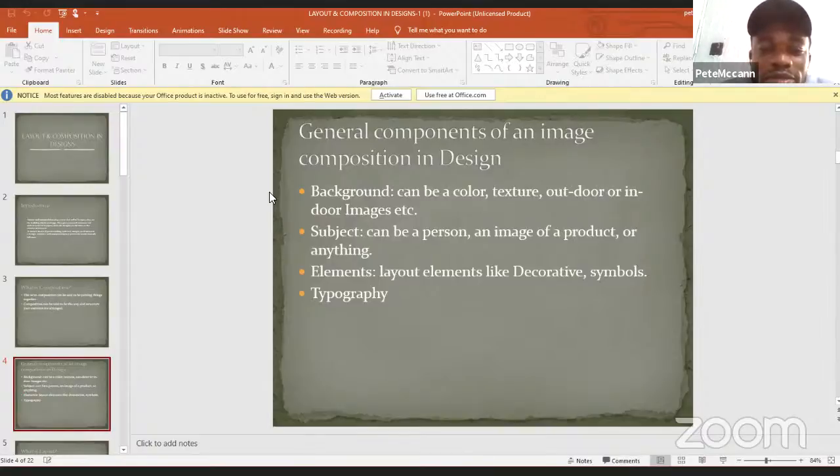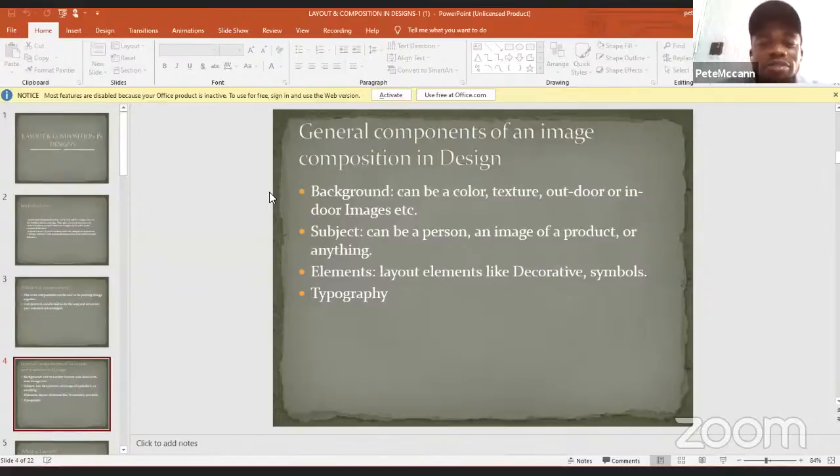The background can be a color, a texture, an outdoor or indoor image, etc. The subject can be a person, an image of a product, or anything. The elements are layout elements like decorative symbols and typography.